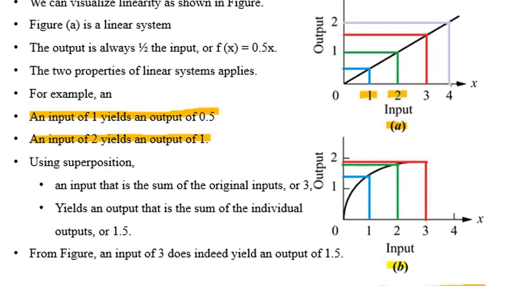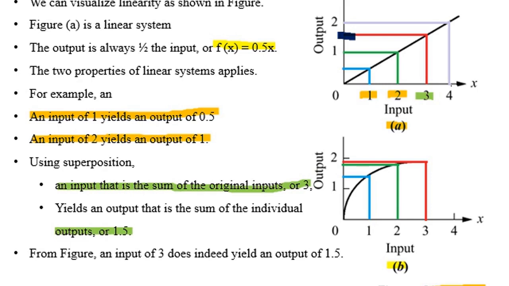And if we apply a third input, which is the sum of the previous two, meaning 1 plus 2 equals 3, we must have an output equal to the sum of the previous two outputs, which is 1 and 0.5 equals 1.5. This is also clear from the graph, that for an input of 3 we have an output of 1.5. We can say that the output is half times the input, or mathematically f of x is equal to 0.5 times x, where x is the input of the system.